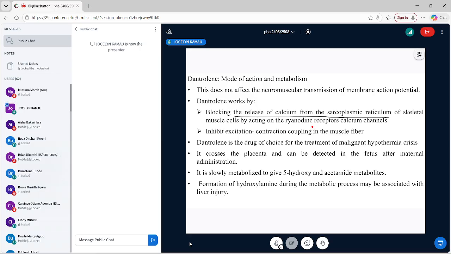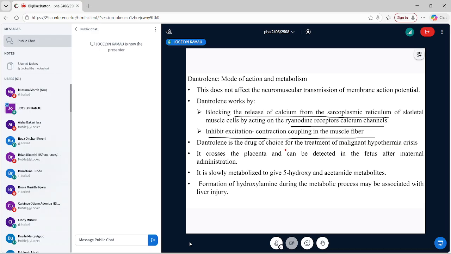Because we said it is the ryanodine receptor, the gated calcium channels, that are defective, that are abnormal. They release a lot of calcium and influence the muscle activity. So it inhibits excitation-contraction coupling in the muscle fiber. So that's how it works.